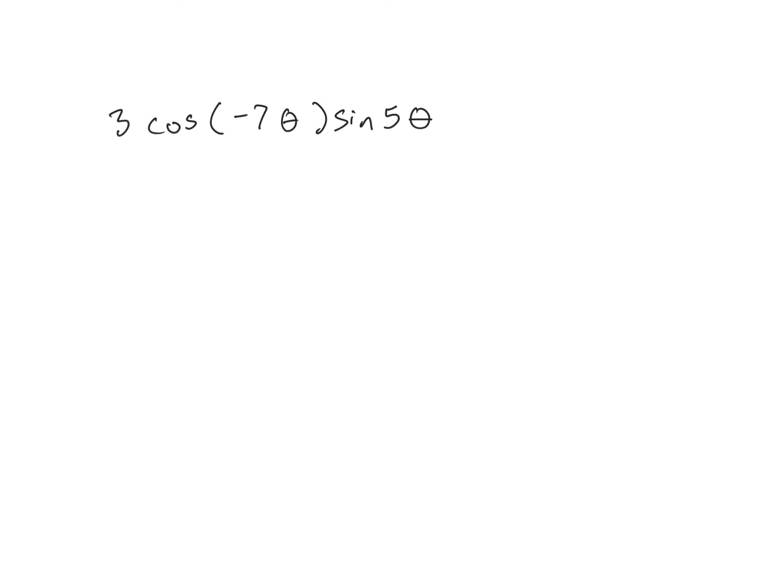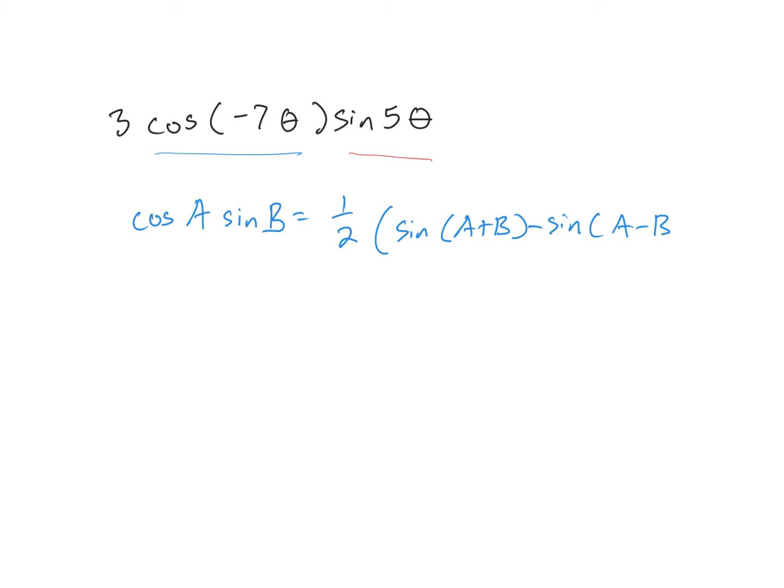We have a cosine here, and we have a sine here, and they're multiplying each other. So we can use cosine A sine of B must equal 1/2 times sine of A plus B minus sine of A minus B.